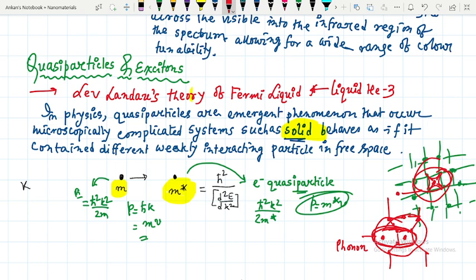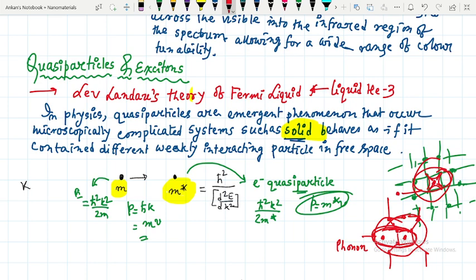Due to the formation of these Cooper pairs, the electrons are free to move without any obstacles inside the material, so the resistivity decreases, and we can easily explain the superconductivity arising at low temperatures in materials like lead, tin, tungsten, etc.